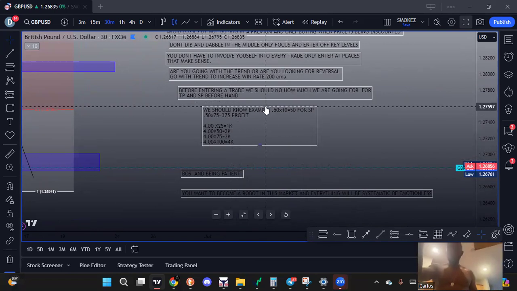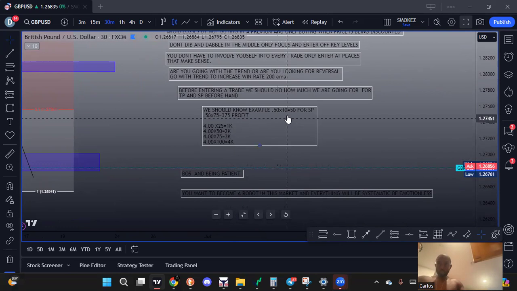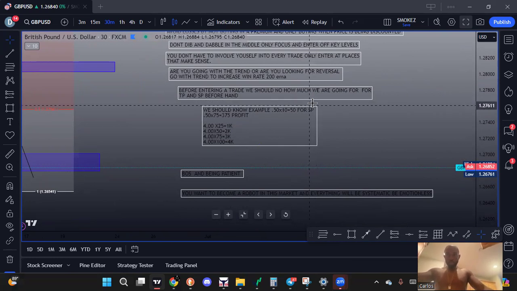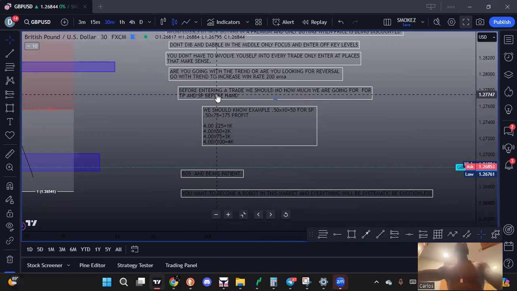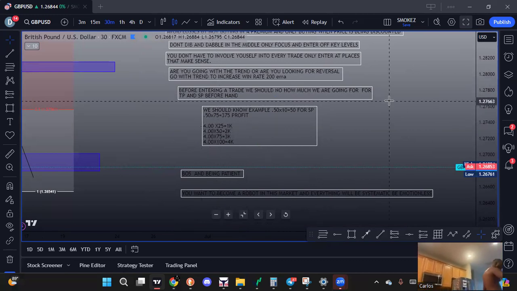For example, 50 cent, 0.50, 10 pips. You're risking $50. Who cares? Risk the $50. How much are you going for? If you get 75 pips, you're getting $375. So does it really matter? You keep risking $50, $60 and you're going for $375. So $4 is the same thing.